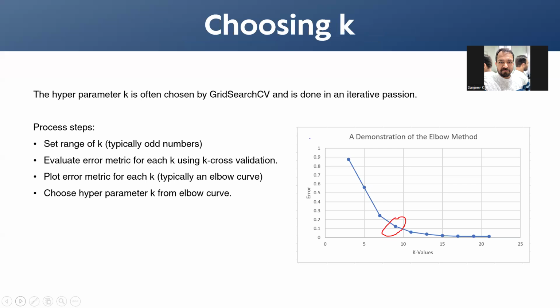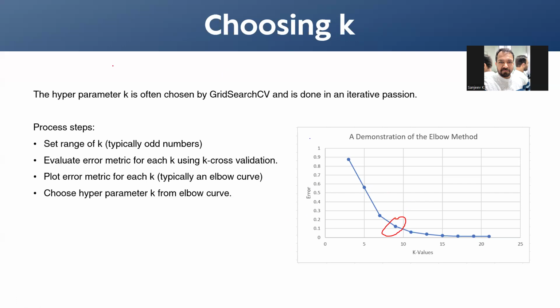So because we're talking about k, in the earlier example we said k is equal to 5 and k equal to 3. Now, choosing k becomes a critical task. We never know which k to choose. Just like how we do hyperparameter tuning in decision trees, where we try to search what should be the depth of the tree and the number of splits and so on, similarly in KNN we can choose k based on a number of values.